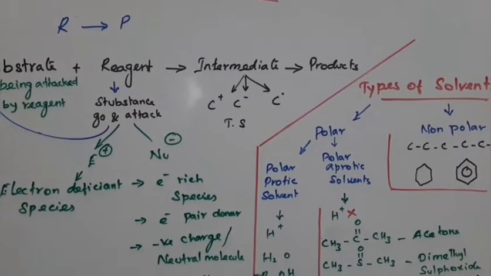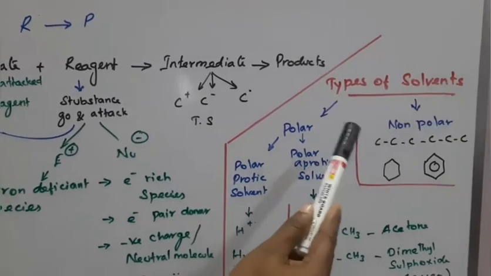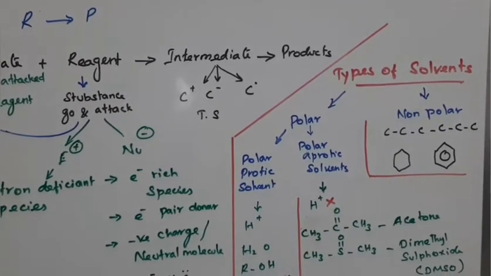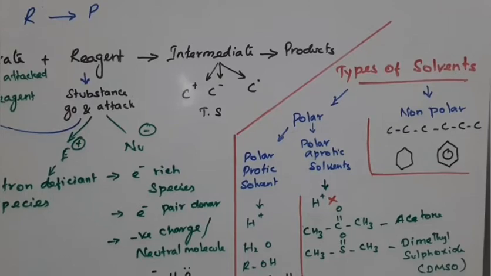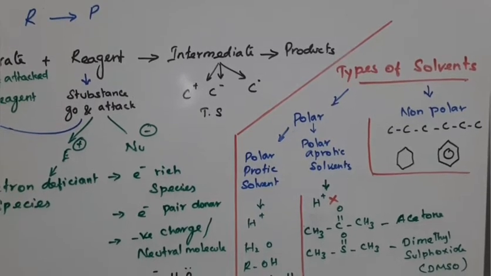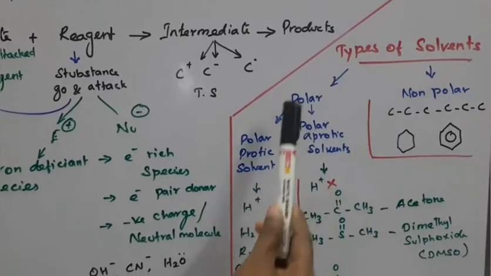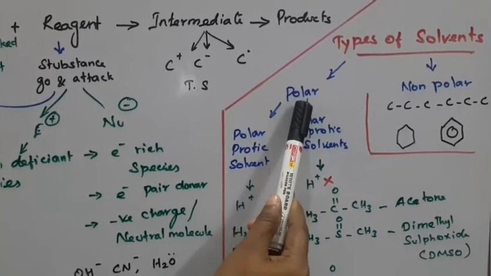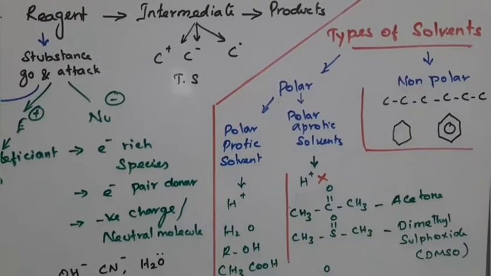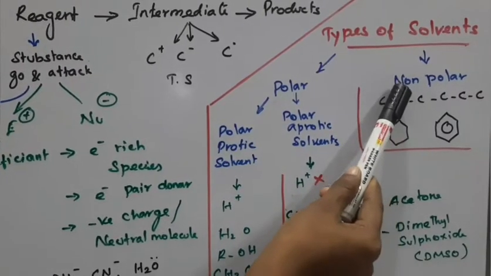After that we are going to see the types of solvents. Knowing the solvent types helps in better understanding the SN1 and SN2 mechanisms. There are two types of solvents: polar solvents and non-polar solvents. What do we mean by non-polar solvents?